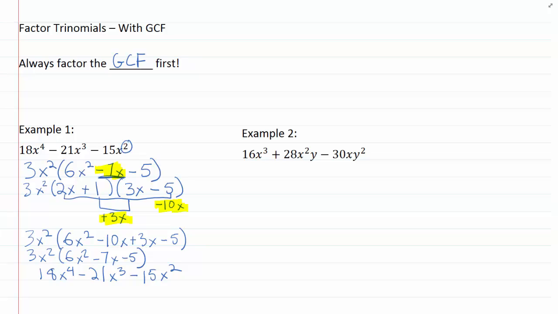So that means that this right here is going to be our completely factored form. We've got a bunch of expressions multiplied together, and we can see that if we multiply it, we get exactly what our original expression was. So let's go on to example 2.